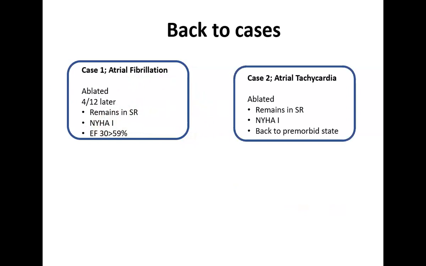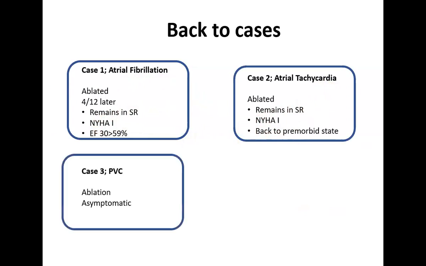The second patient who had atrial tachycardia also underwent ablation, and likewise has been in sinus rhythm, doing well now, asymptomatic, and back to their pre-morbid state. The third patient who had premature ventricular complex likewise had an ablation and is doing very, very well.